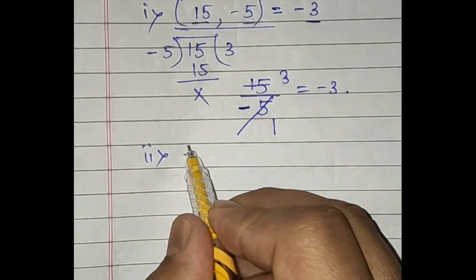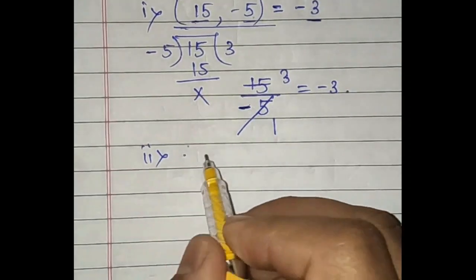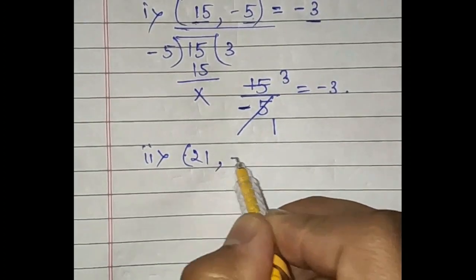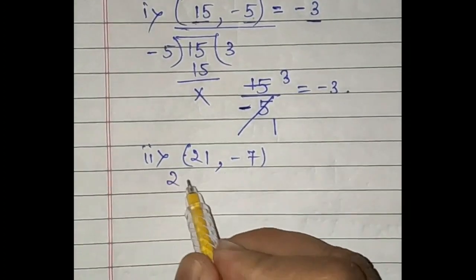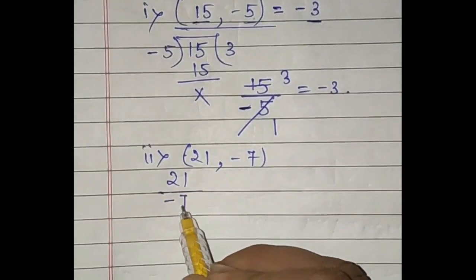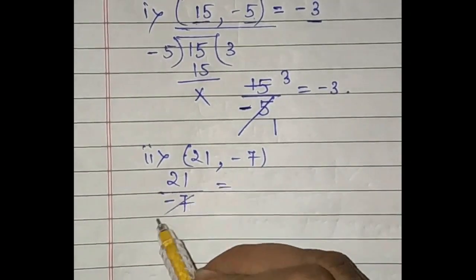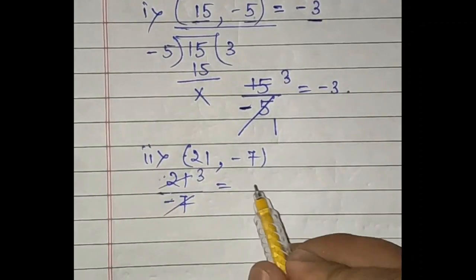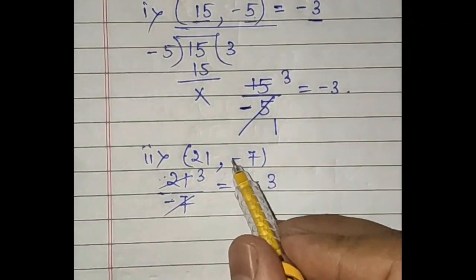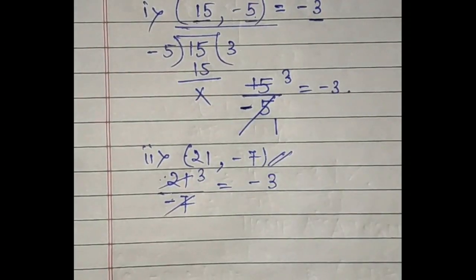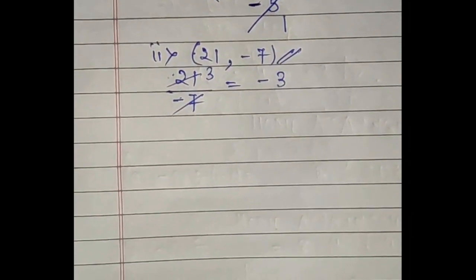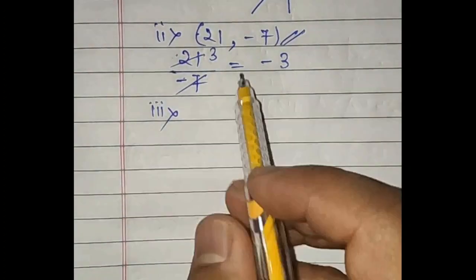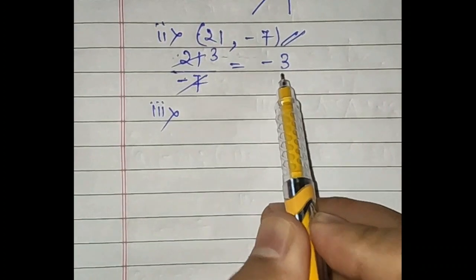Let us consider another: 21 comma -7 will also be okay, because 7 3s are 21, and the negative sign will go here, giving -3. So another pair is 21 comma -7. So we got 2 pairs. We have to find 5 pairs of numbers in which we get -3.